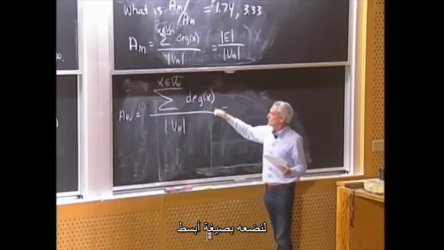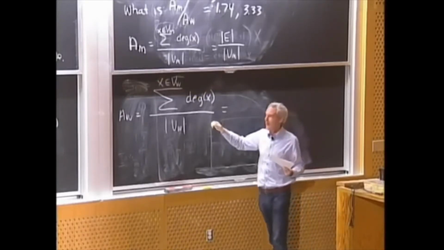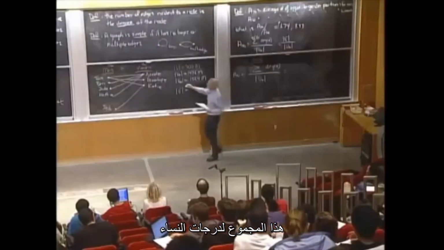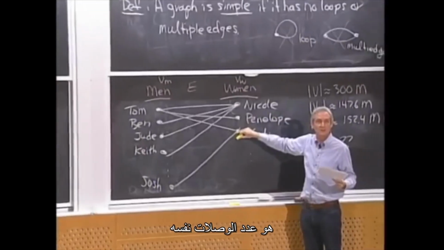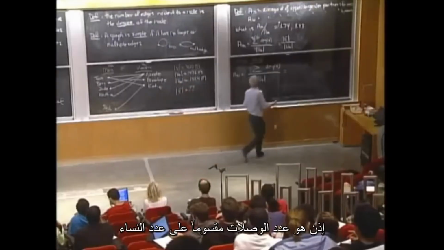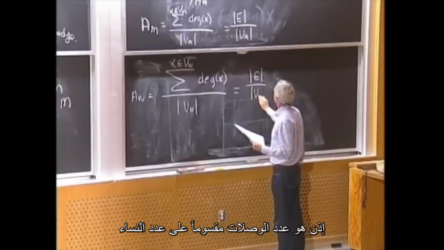What's a simpler expression for this? Yeah, this sum, adding the degrees of the women, is just the number of edges. So that is the cardinality of E divided by the number of women.